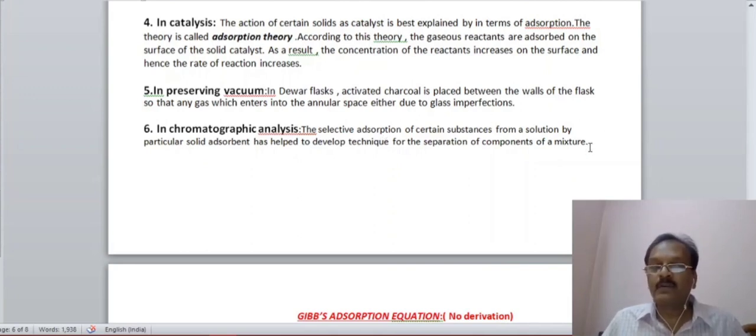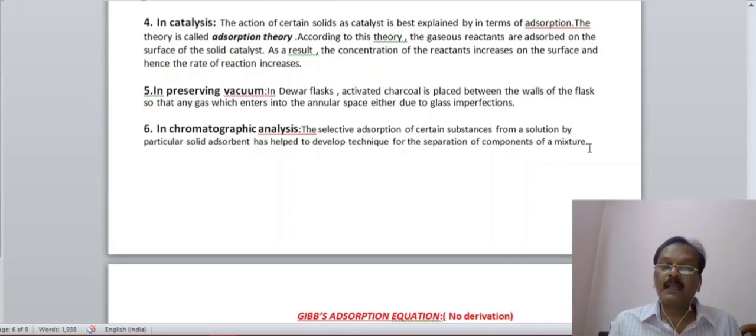This chromatographic analysis is widely applicable in the research field, where very minute components of a mixture are present. The components of the mixture can be separated by using chromatographic paper, where the paper has adsorbing property, and the components present in the mixture have different adsorption power.